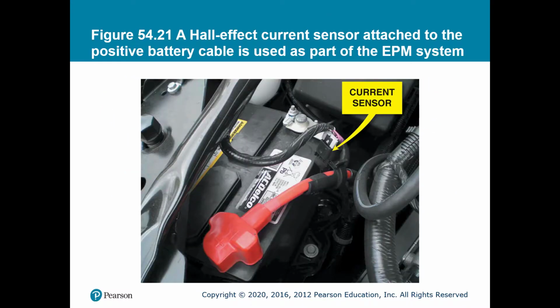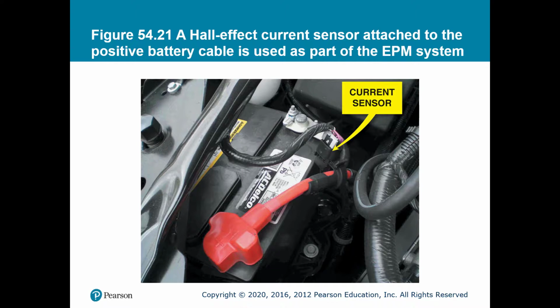In this example, there's a current sensor that acts like an inductive amp clamp, where, I'll bring my mouse in, you can actually see this Hall effect or inductive clamp that is around the positive terminal. This is here so that the charging system or the computer that controls the charging system can monitor current that's flowing from the battery, mostly during power off or key out of the ignition.